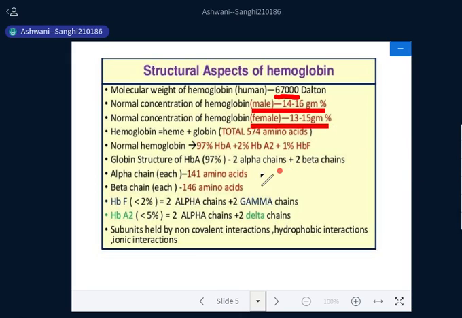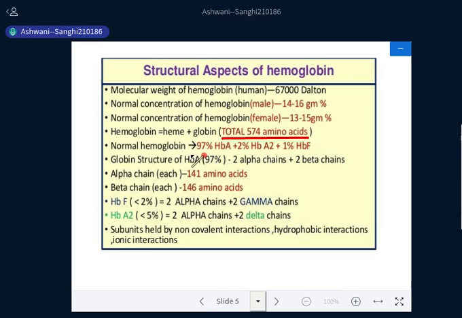In hemoglobin, there are 4 globin chains, 2 alpha chains and 2 beta chains. The alpha chain contains 141 amino acids, and the beta chain contains 146 amino acids. So the total amino acid residues in hemoglobin is 574 amino acids.